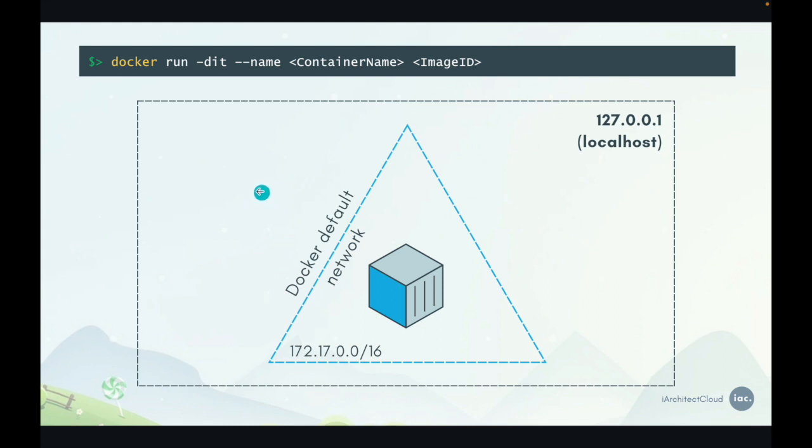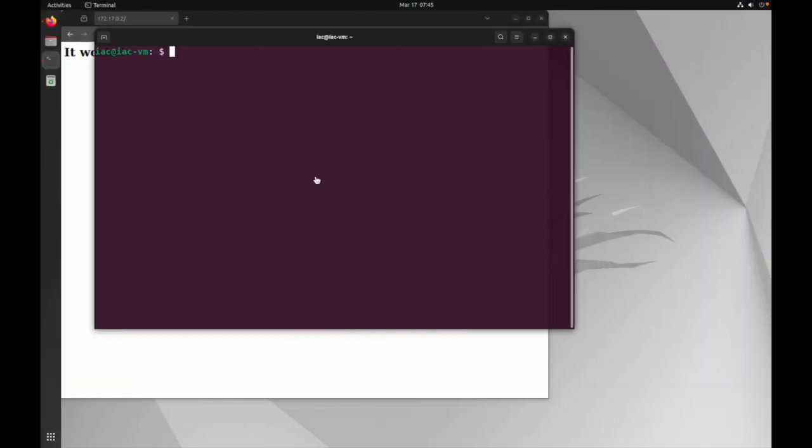So what happens when you create a container is it is assigned to this network, and from this network your container is assigned an IP. As I mentioned, usually the Docker default network subnet is 172.17.0.0 with a subnet mask of 16. Let's quickly go back and check the container IP that we created.